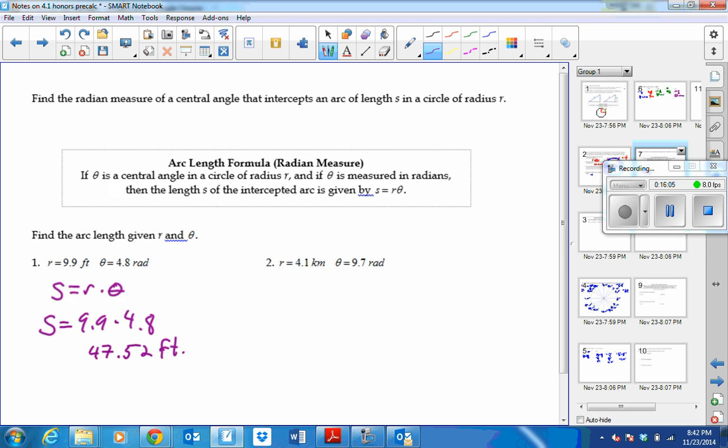And here we have that the radius is 4.1 kilometers and theta is equal to 9.7 radians. So we're just going to take S equals the radius times theta. So 4.1 times 9.7 is 39.77 kilometers.